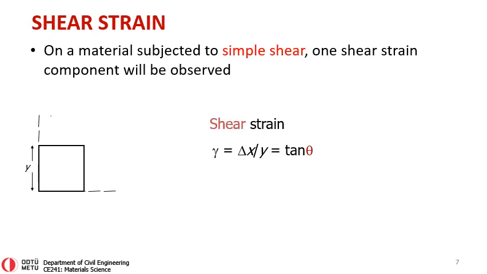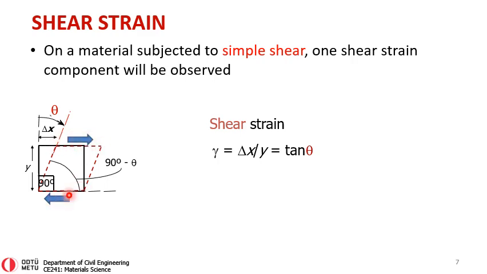How about the shear strain? On a material subjected to simple shear, only one shear strain component will be observed. And what's pure shear? Well, in pure shear, as I have explained in the shear stress, we are applying from the top and bottom two equal but opposite stresses that are acting parallel to the surface.